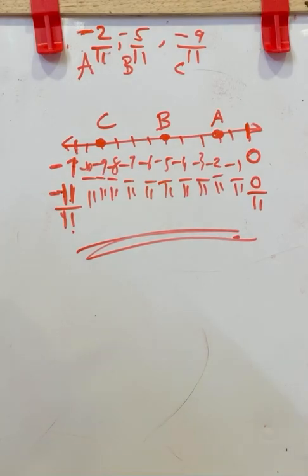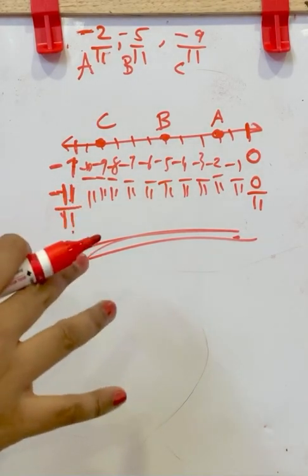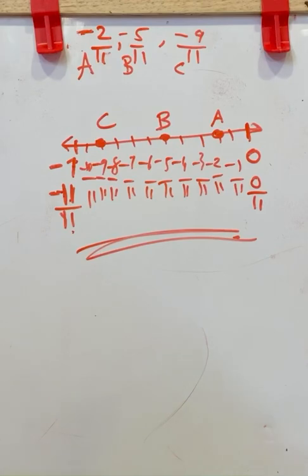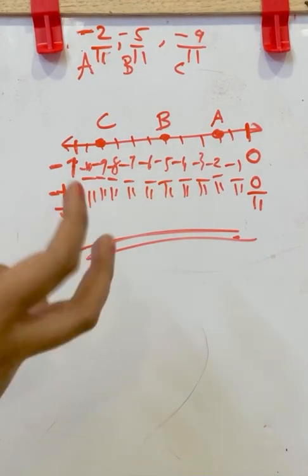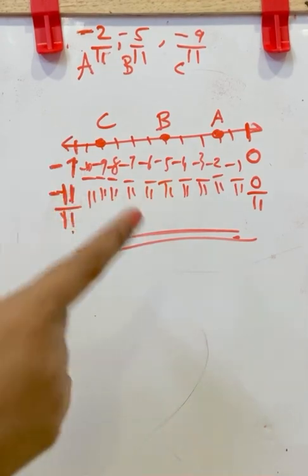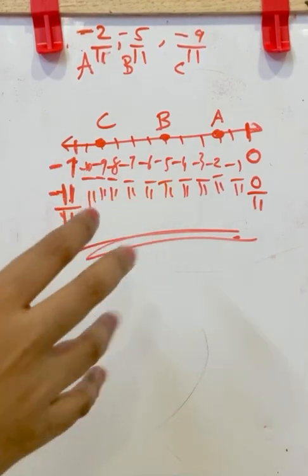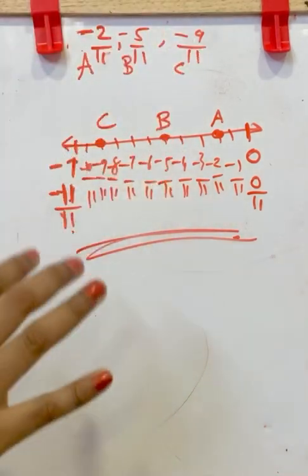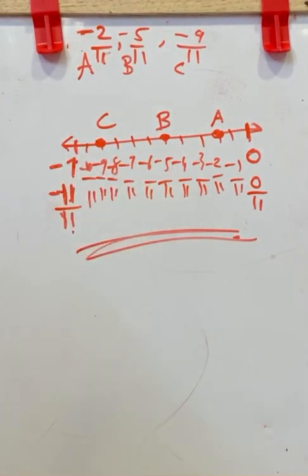Whenever you have a question to represent a fraction on a number line, first you check the denominator. If the denominator is not the same, if many fractions are given at a time, you have to make them the same denominator. If you have the same denominator, it is easy to represent the fractions on a number line.